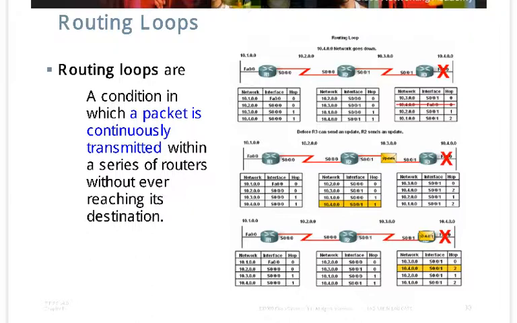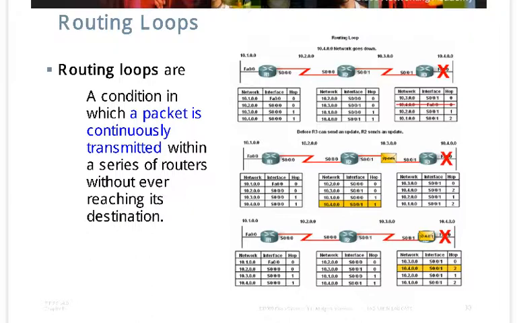So you are receiving a message update that tells you, by the way, I have a route to destination 10.4.0.0 with a hop count of 1. What would you do?